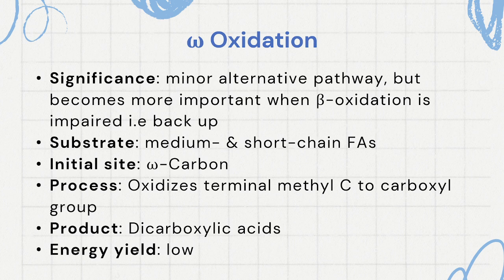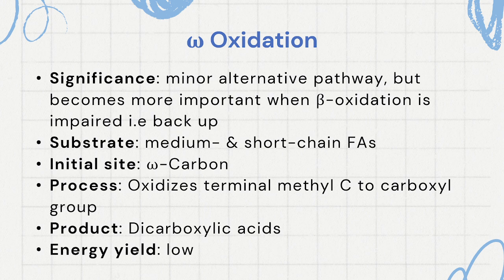production. Omega oxidation is a minor alternative pathway for beta oxidation. The significance of omega oxidation becomes more when beta oxidation itself is impaired. So omega oxidation is in fact a backup pathway for beta oxidation. And in omega oxidation, there is oxidation of medium to short chain fatty acids, whereby the terminal methyl carbon will be oxidized to a carboxyl group.